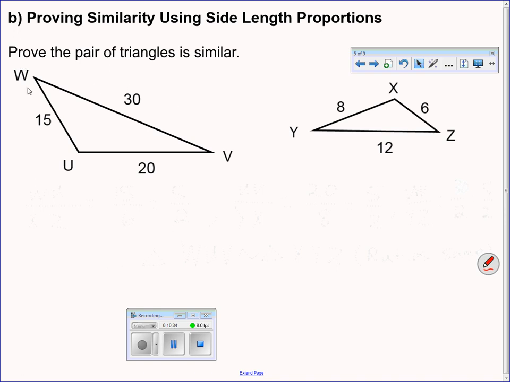The line segment for this side is going to be this, WU, and then the small side triangle, its line segment is called XZ, and that's why it's on the bottom of this fraction. And then all I do is I write their two ratios. So now I got 15 over 6, and that gives us a simplified result of 5 over 2.